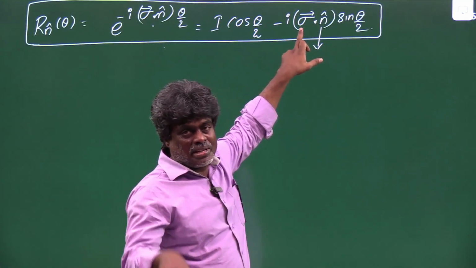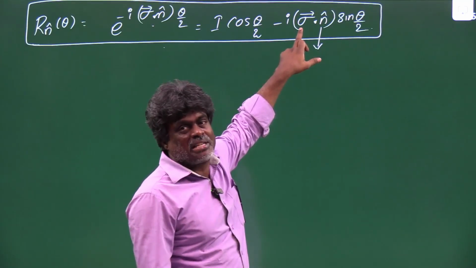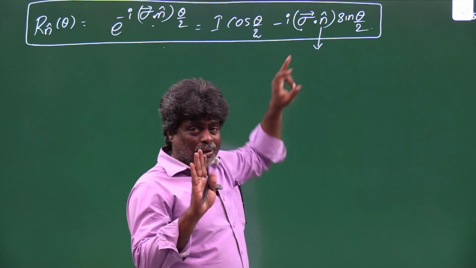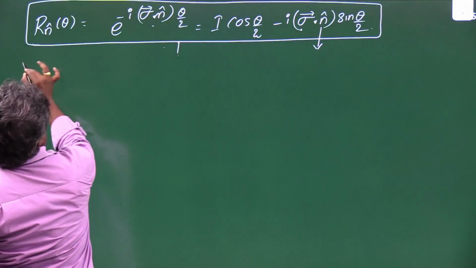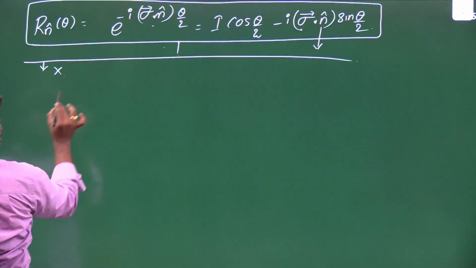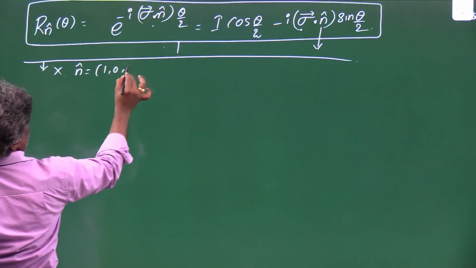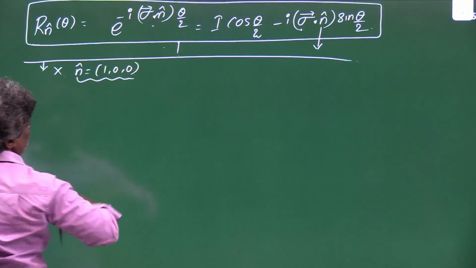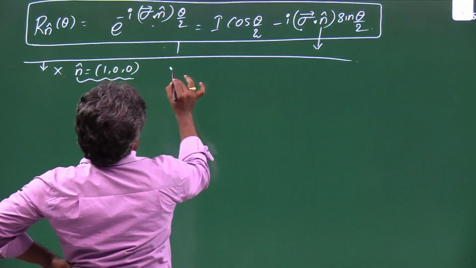Sigma x, sigma y, sigma z. Then if you make the dot product, what you will get? Sigma x. So if you want to get the Pauli x gate, your n cap is nothing but 1, 0, 0.